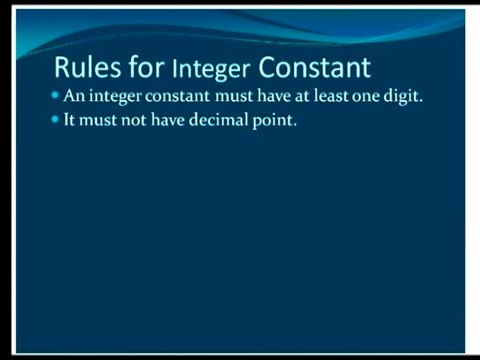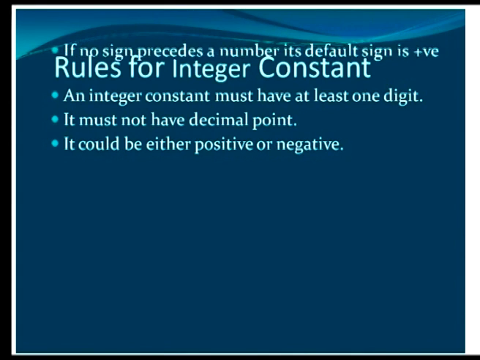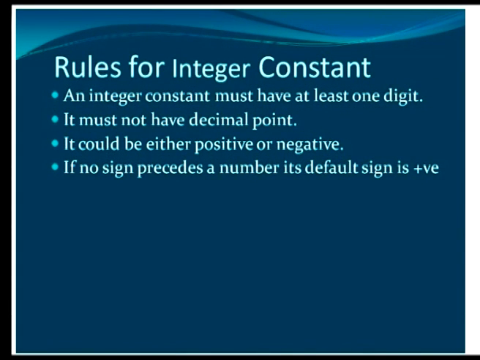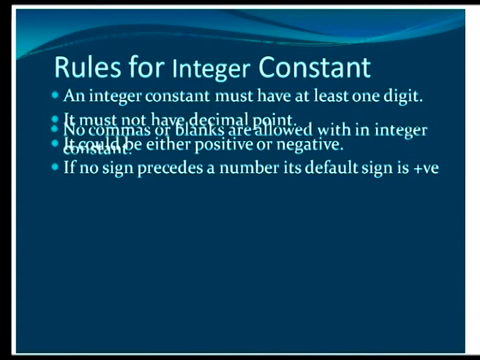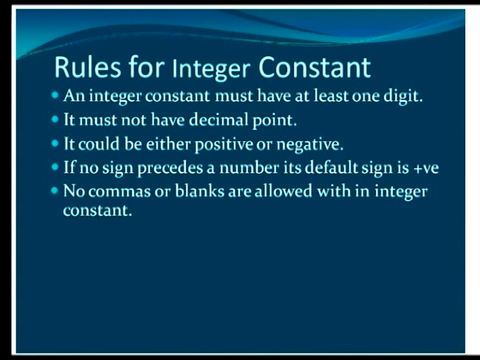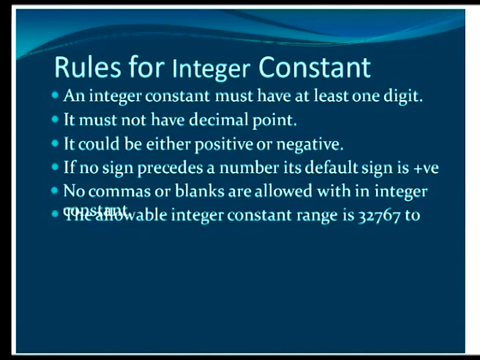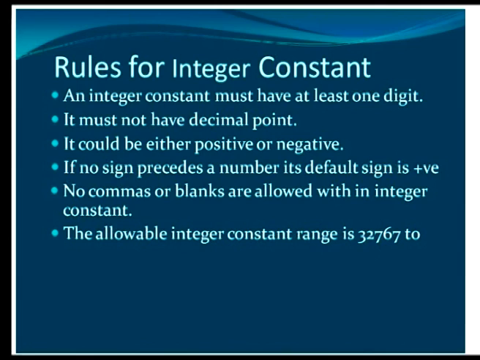It could be either positive or negative. If no sign precedes a number, its default sign is positive. No commas or blanks are allowed within an integer constant. The allowable integer constant range is plus 32767 to minus 32768.